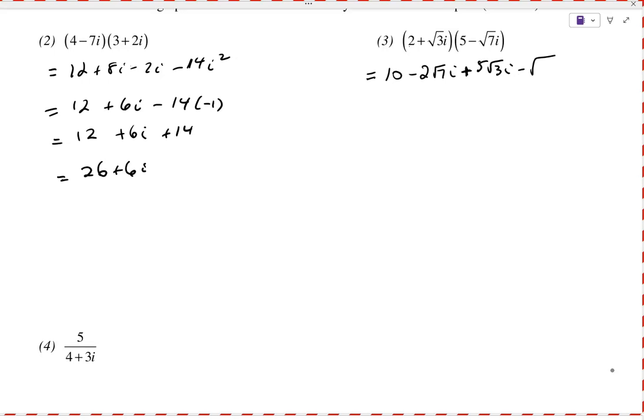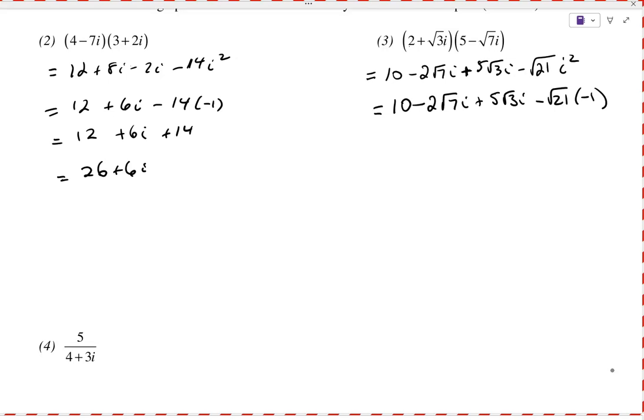Square root of 21. i times i gives you i squared. Again, i squared is the same thing as negative 1. These don't have the same radical piece, so it's really hard to combine them, isn't it?